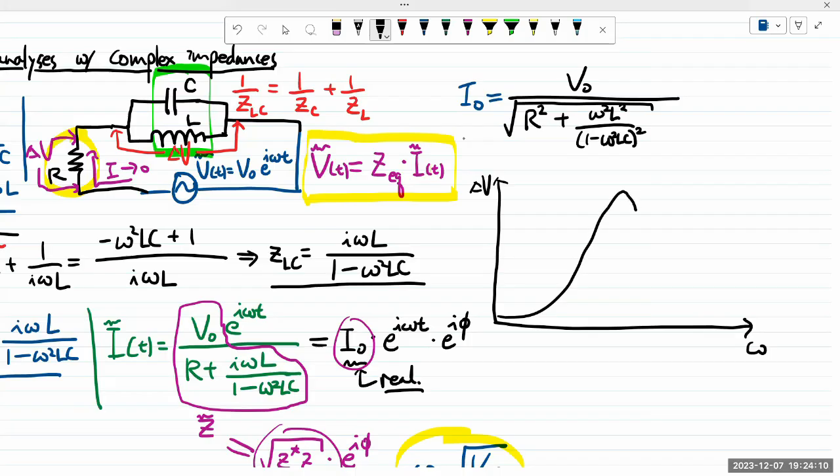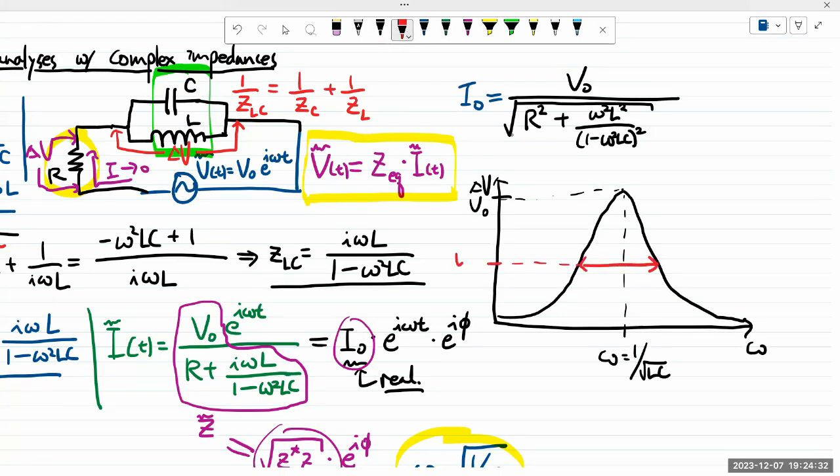Some kind of resonance. And we'll expect to see this peak at omega equals 1 over square root of LC. And at that resonance, I'll actually see the full power supply voltage V naught. And I might think about, okay, at half maximum, at the value where I have V naught over 2, what would be the frequency that's away from this resonance? What would be this delta omega? And I can look at it here.